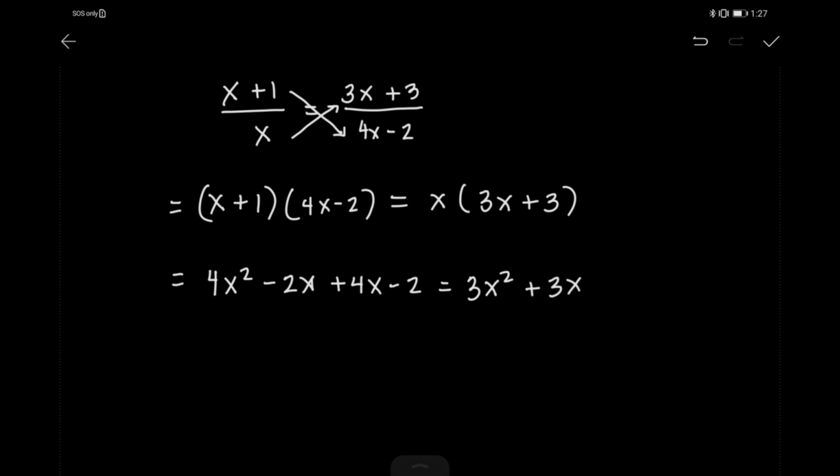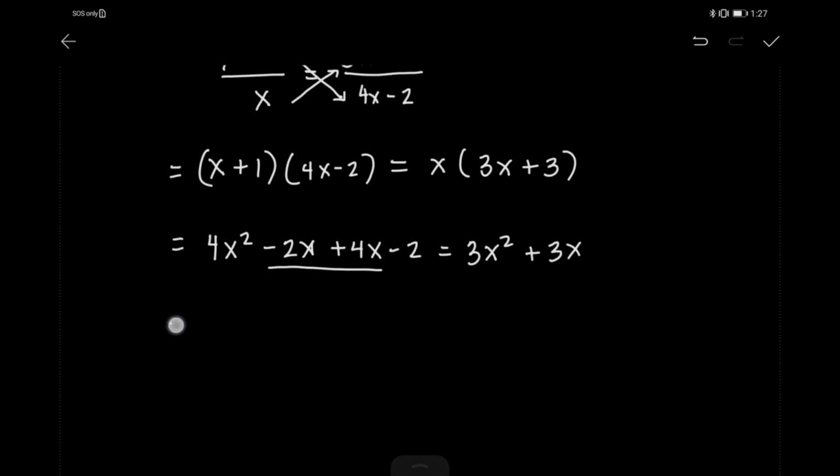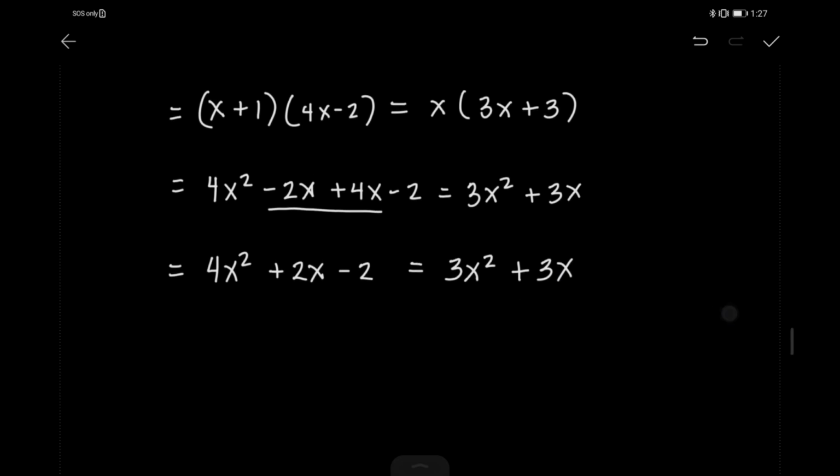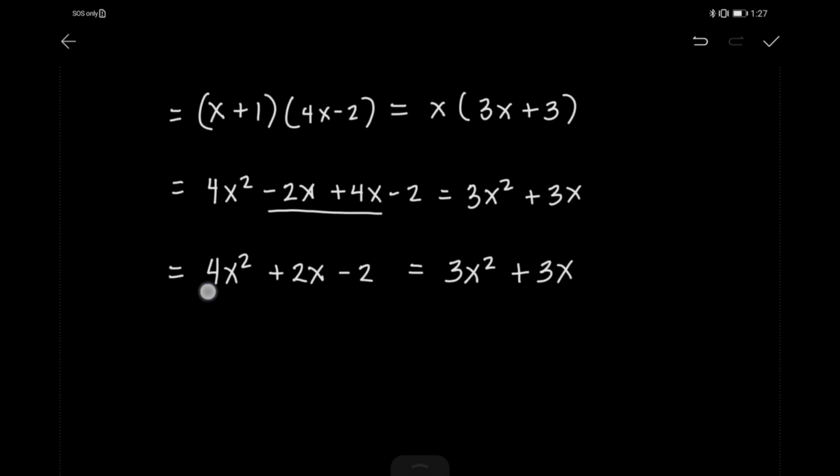Then we simplify this first. Bring down the positive 4x squared. Negative 2x plus 4x is positive 2x. Then bring down the negative 2, which is equal to 3x squared plus 3x. After that, we combine like terms: the like terms 4x squared and 3x squared.